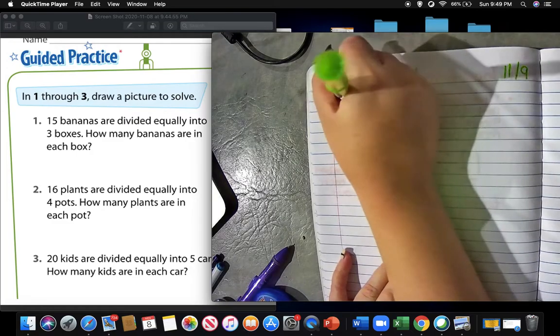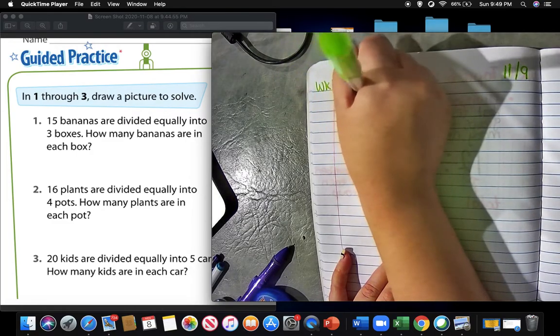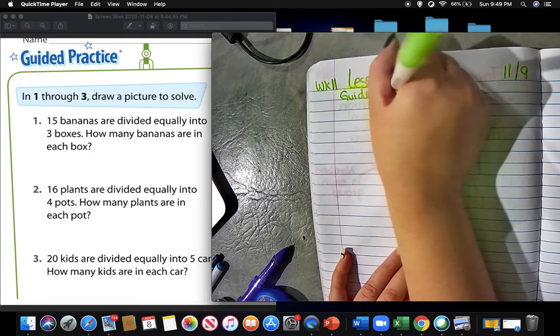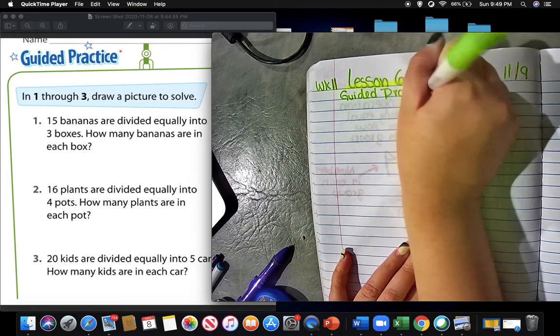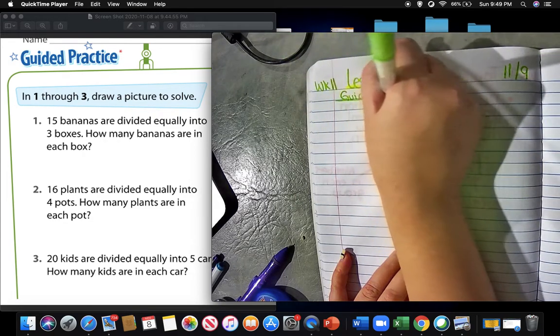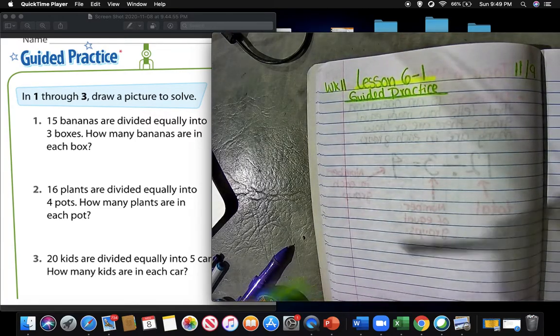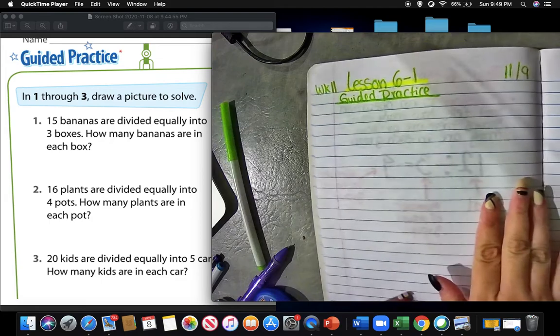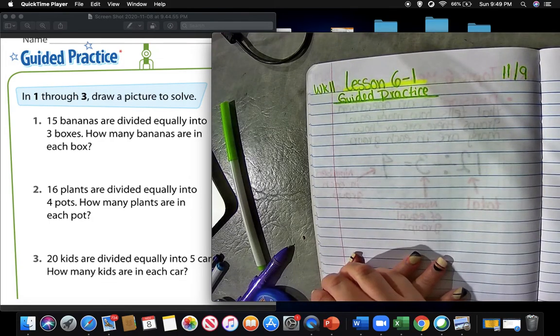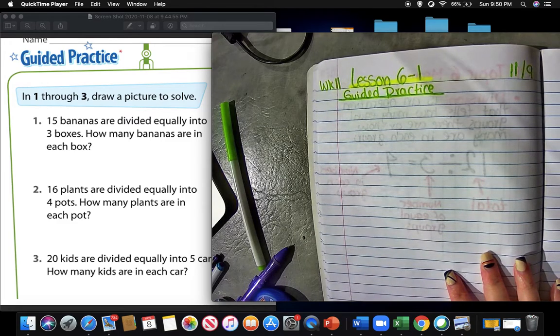And then I'm going to start with the guided practice. Okay, so the first one says 50 bananas are divided into 3 boxes. How many bananas are in each box?